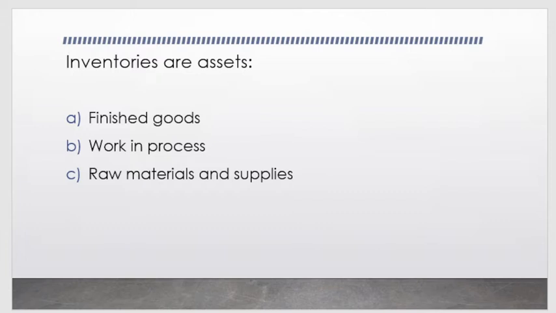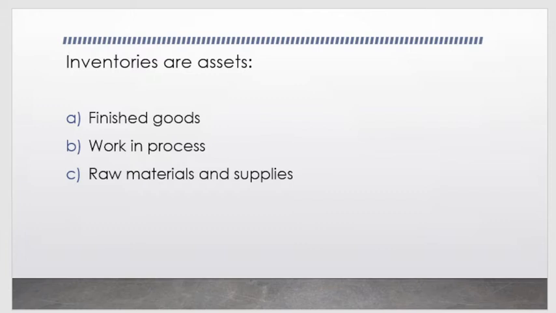When we say work in process, we look at it as items which are in process of production for sale or distribution, less than 100% completion. When we say raw materials and supplies, these are items which are still in the form of materials or supplies to be consumed in the production process or distributed in the rendering of services.